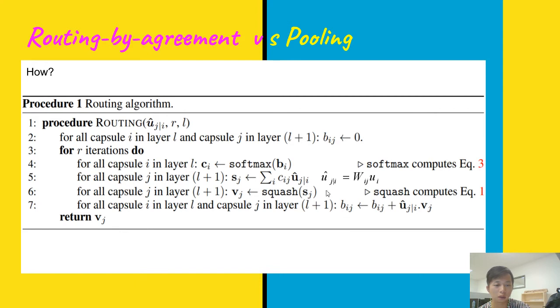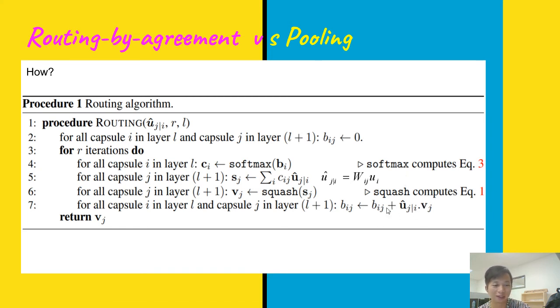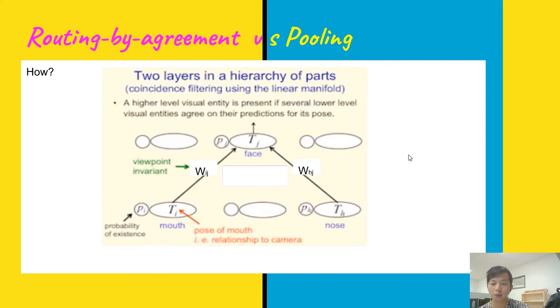So the weight of this prediction will be increased. Otherwise, the connection weight of this prediction will be decreased. We have an example here to show how it works.